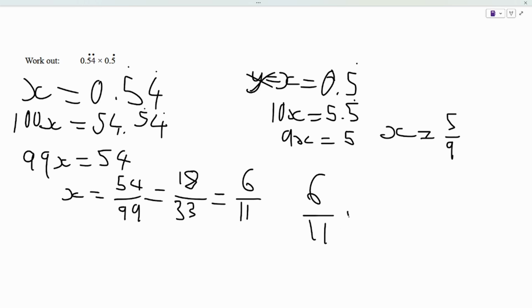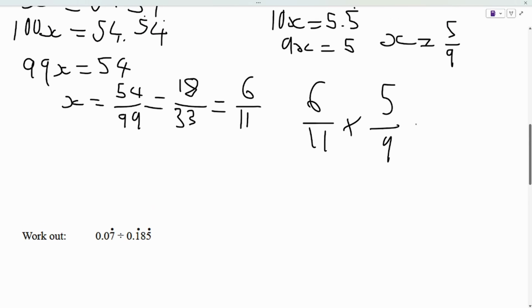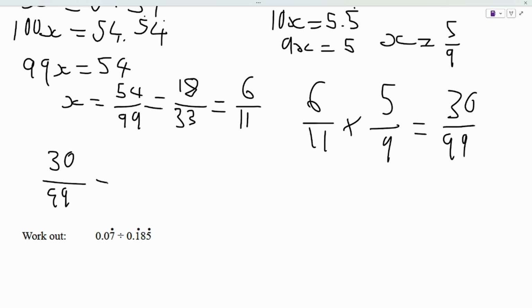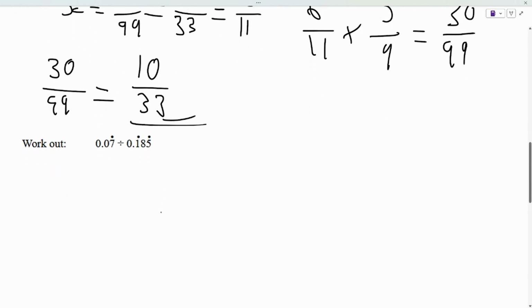So 6/11 times 5 over 9 equals 30 over 99. Rewrite it here, 30 over 99 is equal to 10 over 33. And we can't simplify that any further, so that is our final answer.